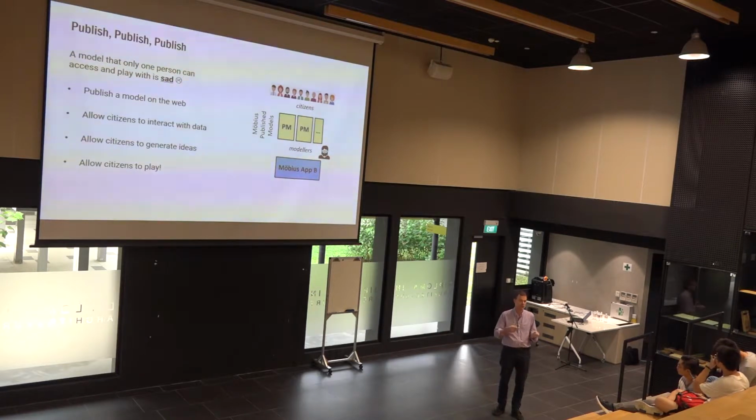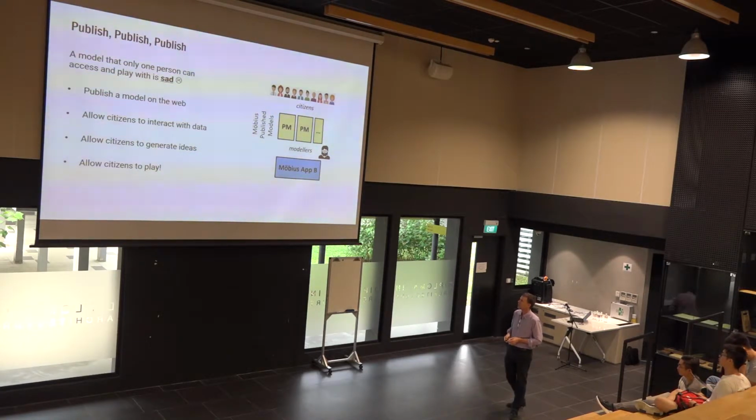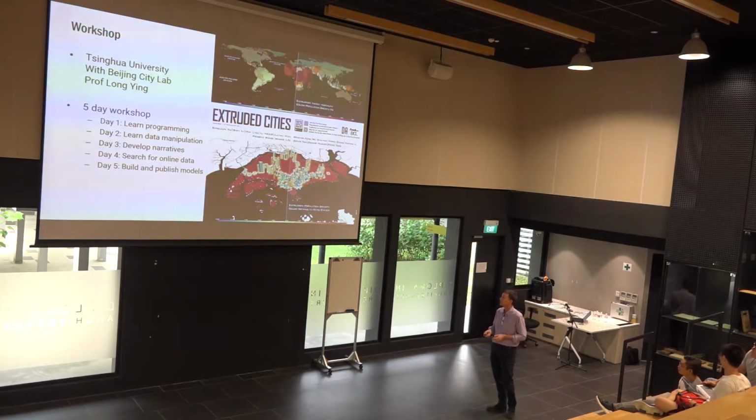The citizens can change stuff, vote on the design, and submit their preferred options. So there are all sorts of ways that publishing could be a very useful approach. Maybe not so much in this project, but I thought I would include it anyway, just to give you a sense of why we're doing it.